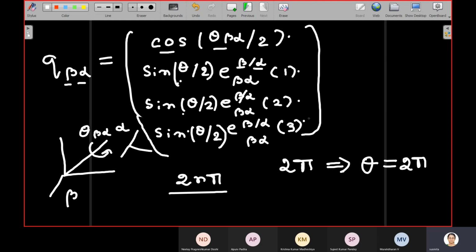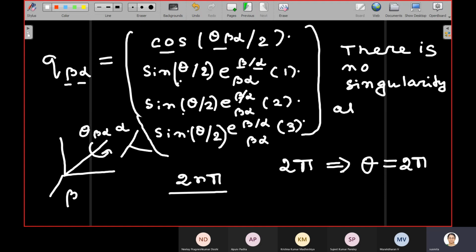So there is no singularity at plus minus 2n pi. Okay. We'll not get into quaternion algebra in this class.